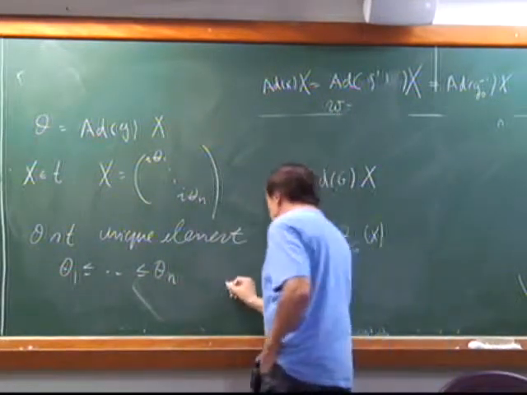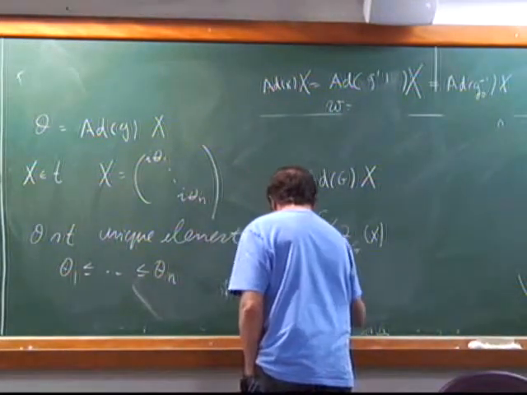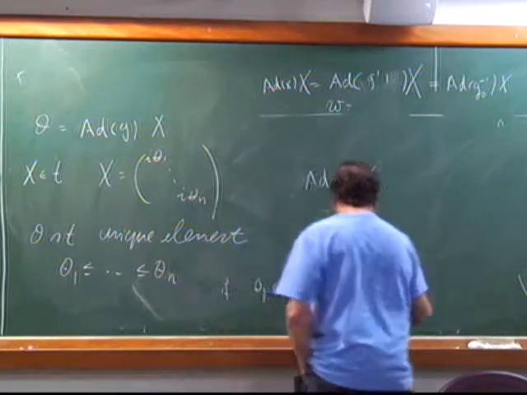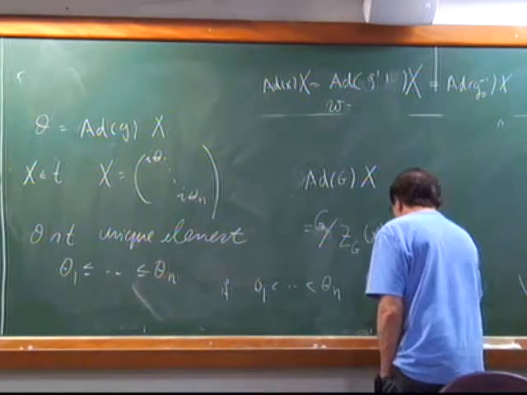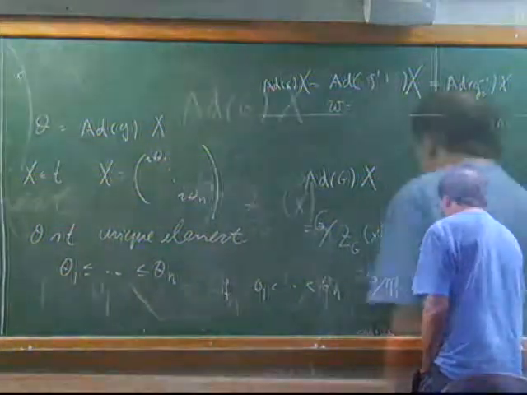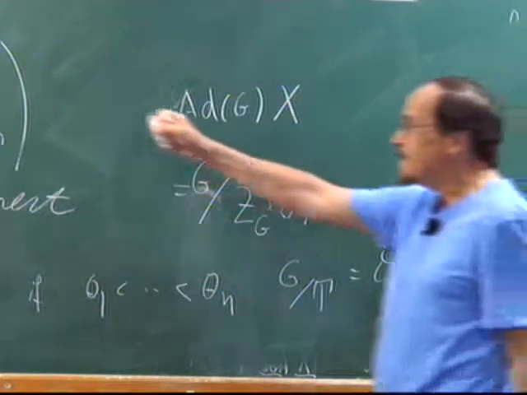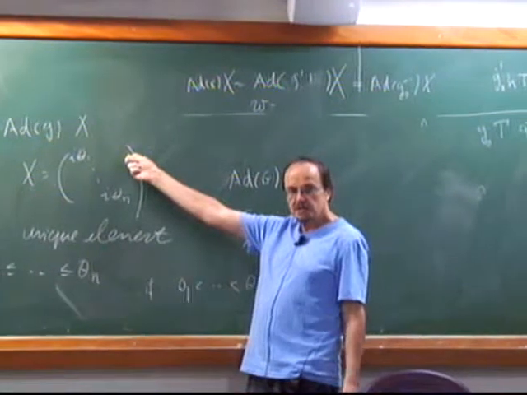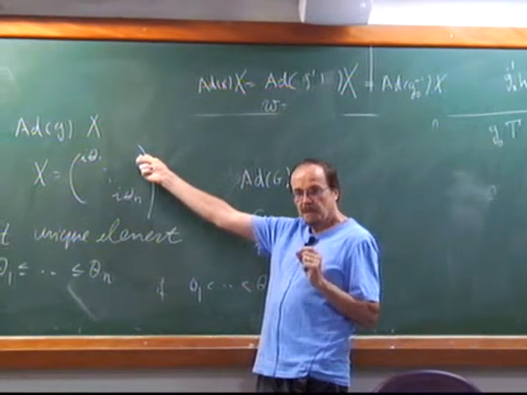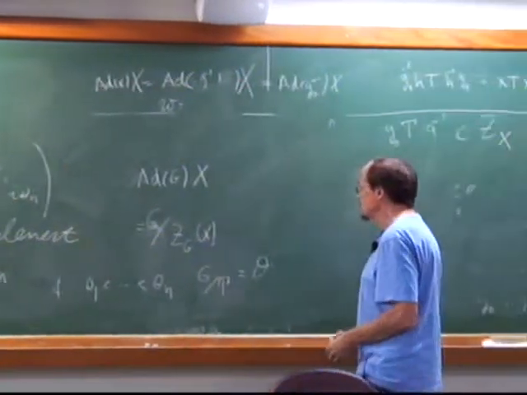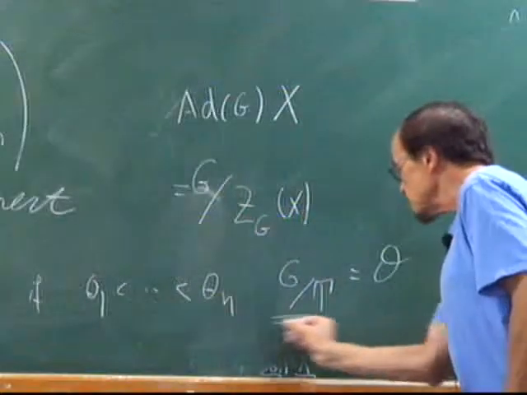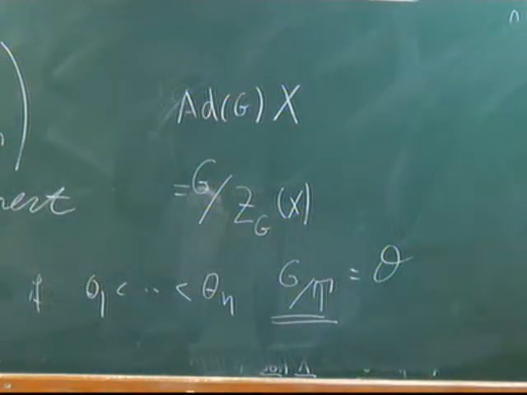So if θ_1 < ... < θ_n, then the adjoint orbit is just G mod the maximal torus. I'm fixing a vector now. This is a fixed vector. I want to see everything that commutes with this fixed vector. If they're all distinct, it's just the maximal torus. So G mod the maximal torus is the most basic adjoint orbit of a Lie group.